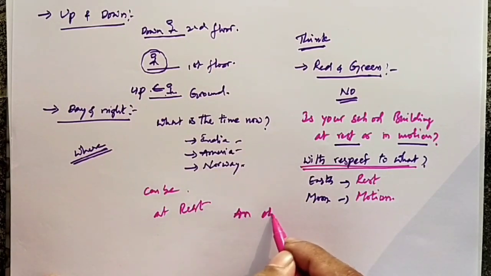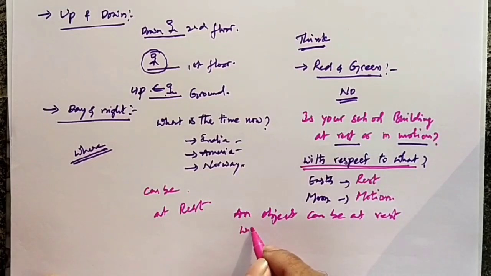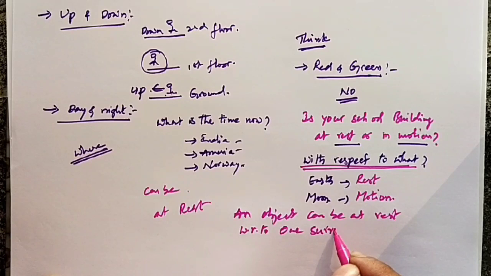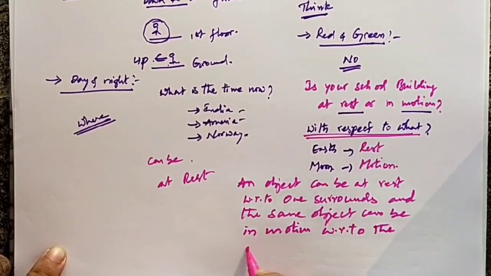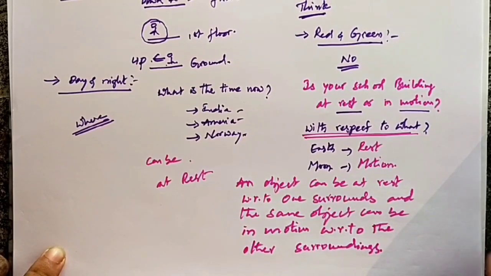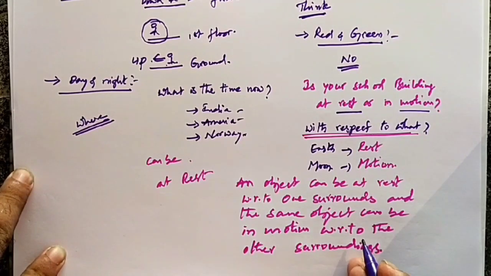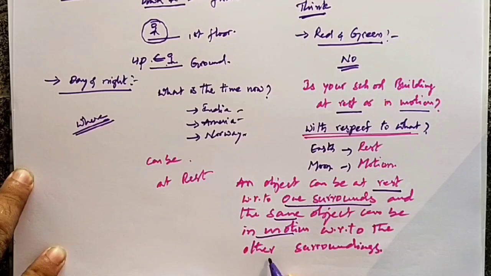I am writing here: an object can be at rest with respect to one surroundings, and the same object can be in motion with respect to the other surroundings.